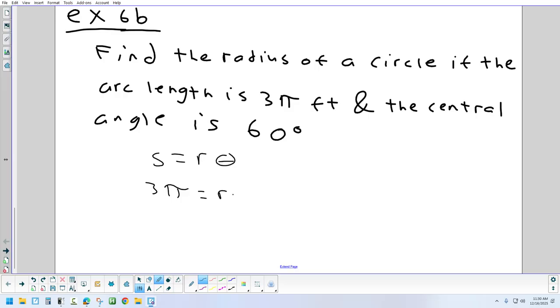Yes. What's theta in this problem? 60 degrees. But there's a problem with that. What's wrong with it? It's not in radians. So if you fill in 60, it's going to come out wrong. Okay, off to the side, let's convert 60 degrees into radians. What do we multiply by to change degrees to radians?